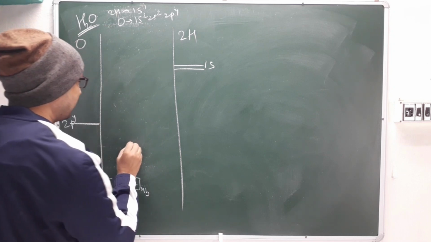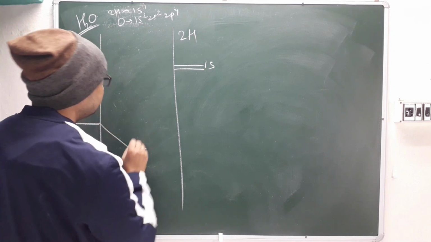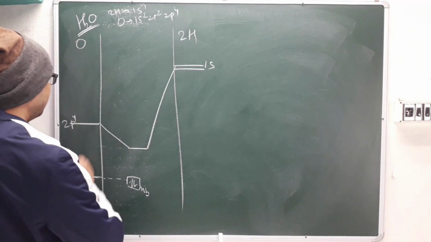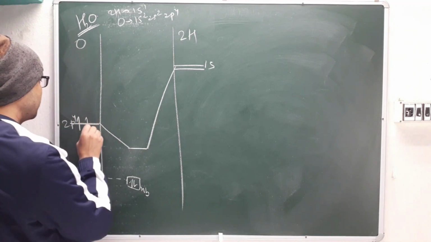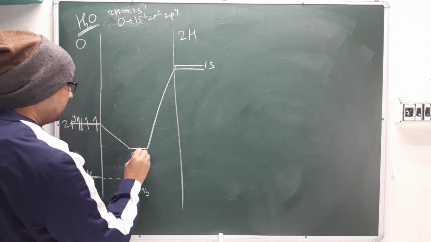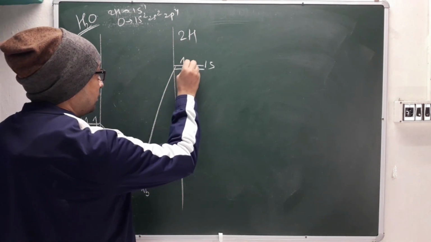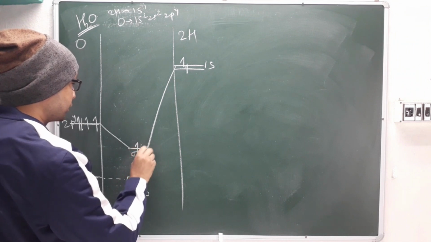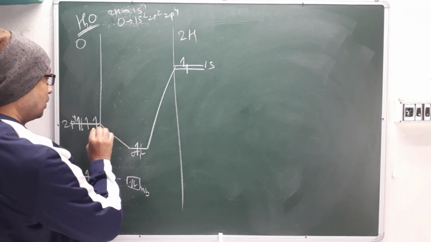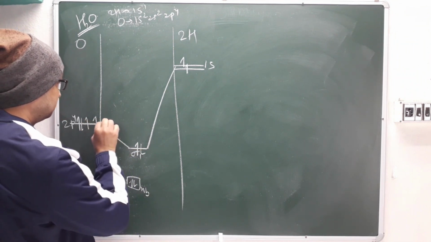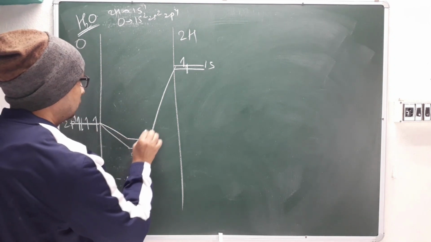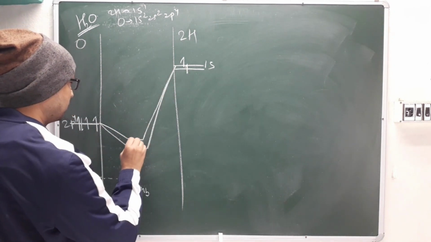Now for P, what is happening? This will be sigma. Okay, P we'll just write it down. 1, 2, 3, 4. This will be sigma 1. Here 1 electron, and for this orbital 1 electron is there. So 1, 2. Okay, 1 electron came. One more sigma will be there. This is sigma 2.